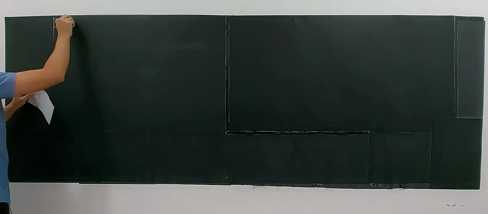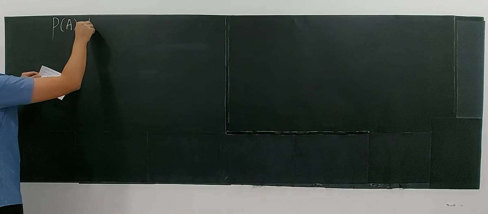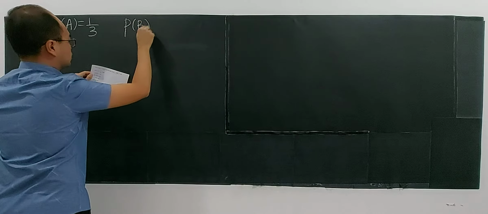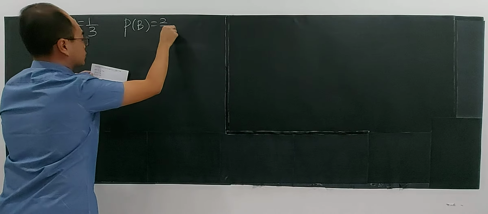So, they are giving you that the probability of A is 1 over 3, and the probability of B is 2 over 5.